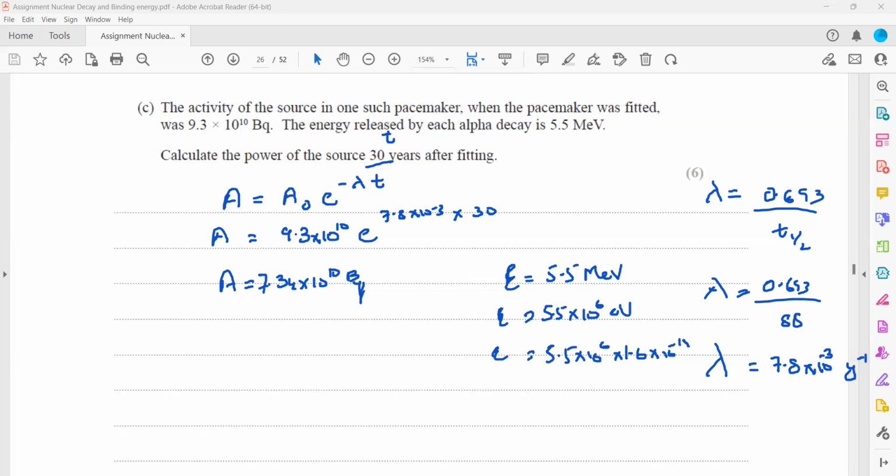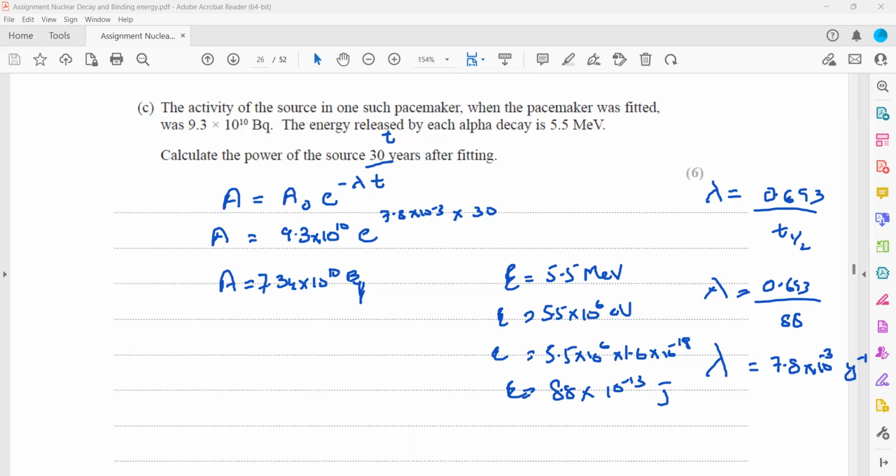So it's basically 5.5 times 1.6, which equals 8.8. So 8.8, with 10 to the power 6 and 10 to the power minus 19 giving 10 to the power minus 13. So that is the energy in joules.